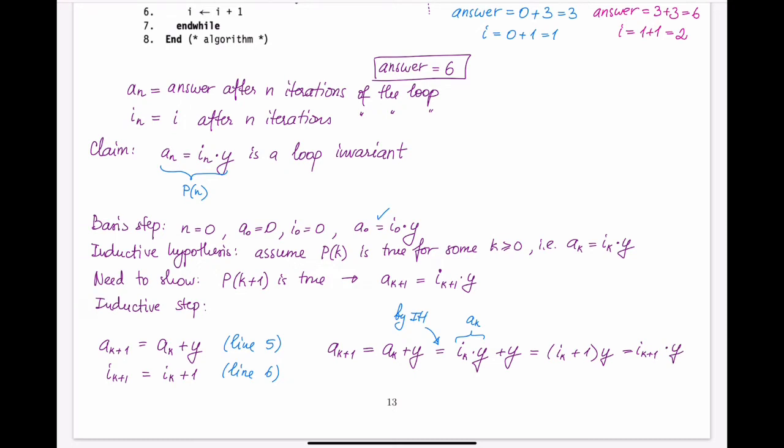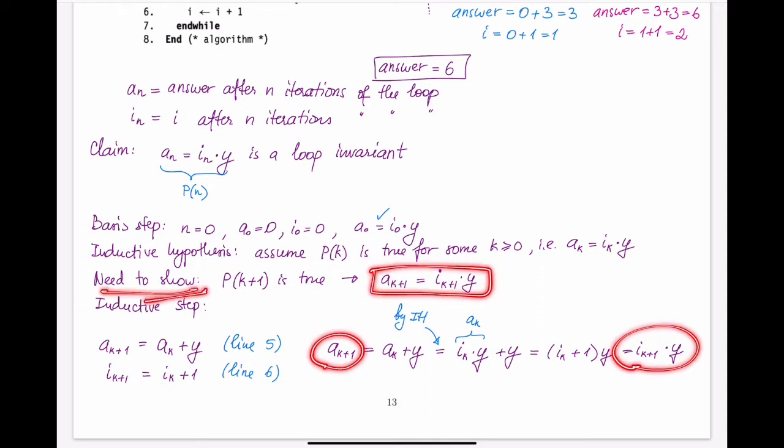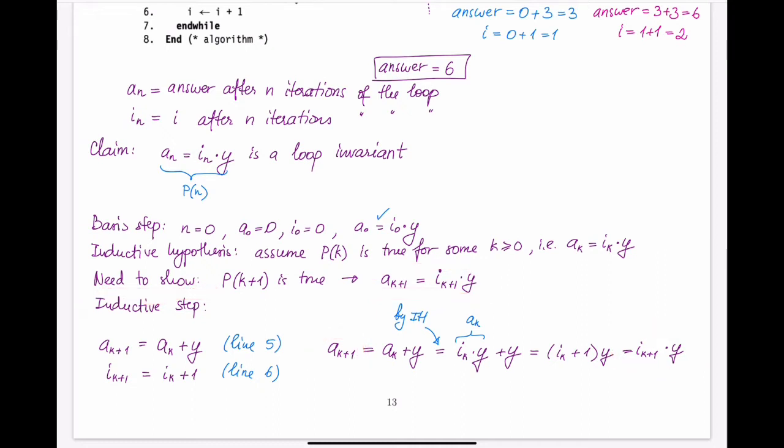And this, of course, is fantastic news because now I have that a sub k plus 1 is equal to I sub k plus 1 times y, which is exactly what I needed to show. So that means that by the principle of mathematical induction, I have proven that P n is a loop invariant for all n greater or equal to 0.